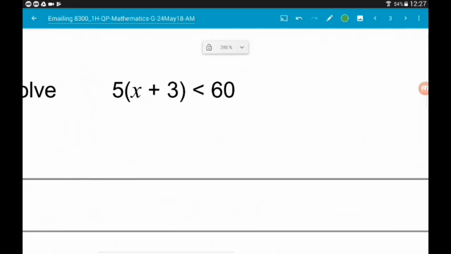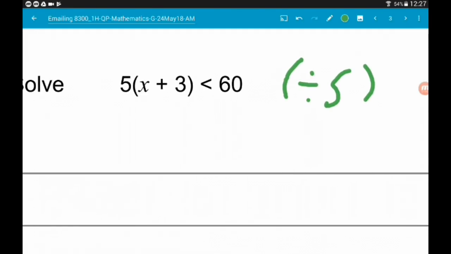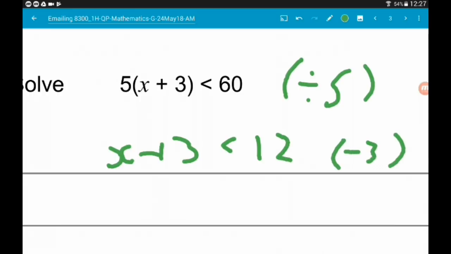So that's what I'm going to do. We're going to divide both sides by 5, so we get x plus 3 is less than 12, so take away the 3, and we get x is less than 9.